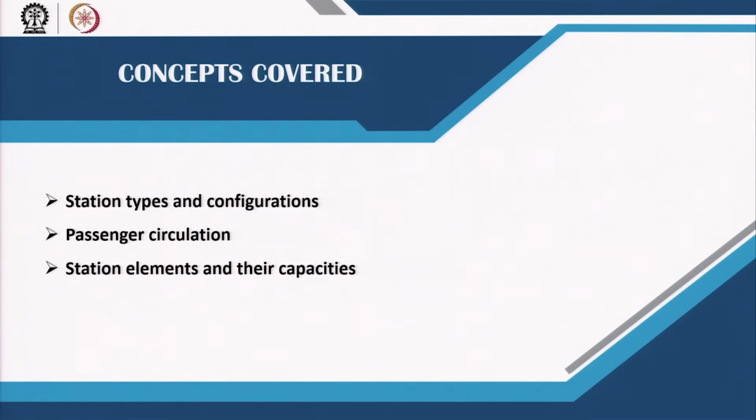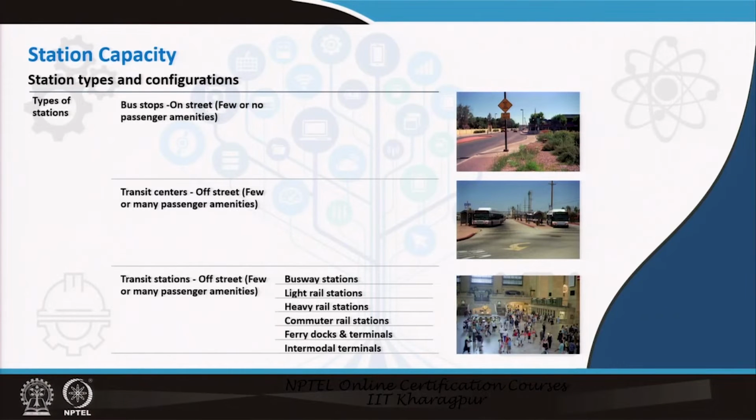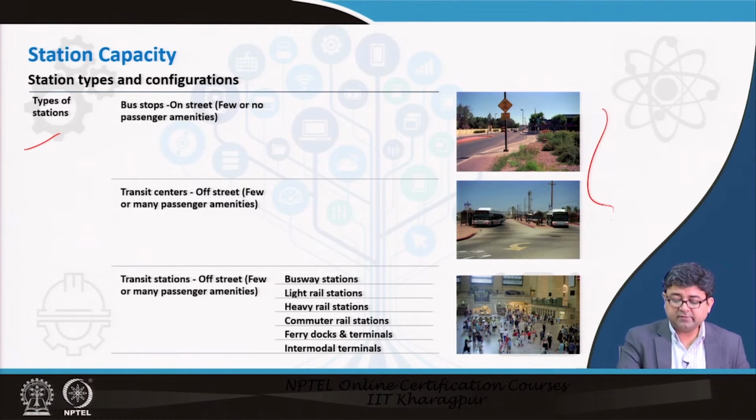So, let us look at them one by one, to give you an understanding of the different types of station typologies that are available or that you might have encountered in your city or town. When you look at the station types, broadly there may be three different categories of stations.